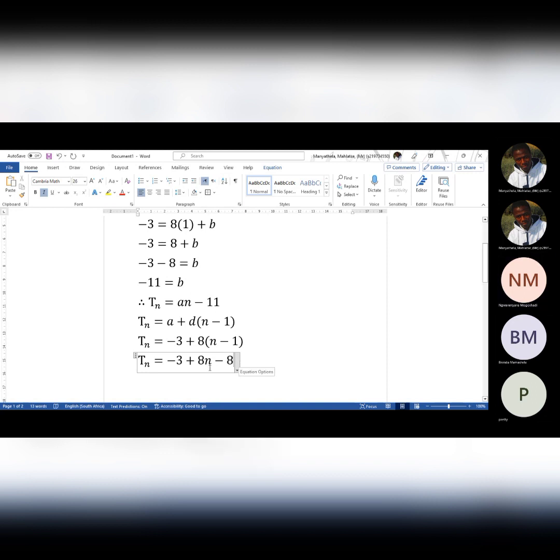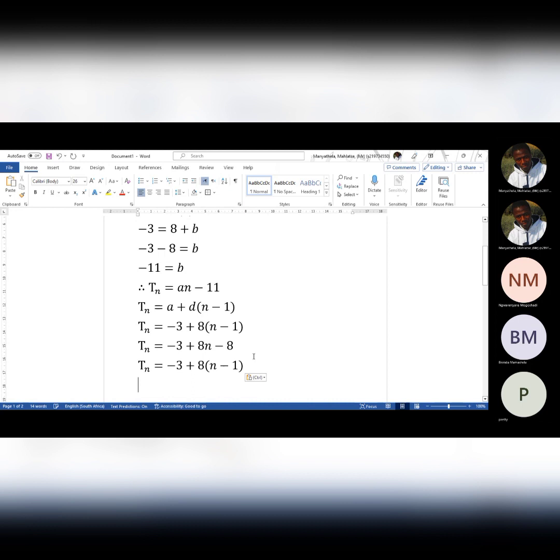Add the like terms: negative 3 minus negative 8 gives negative 11. So Tn is equal to negative 11 plus 8n.